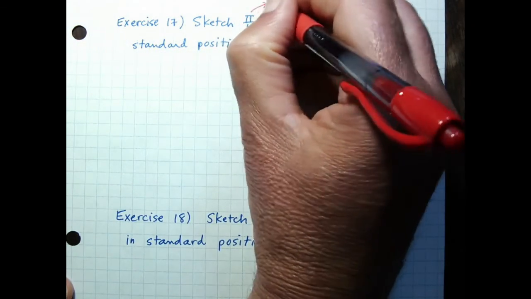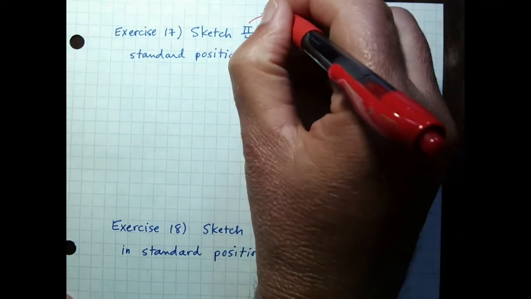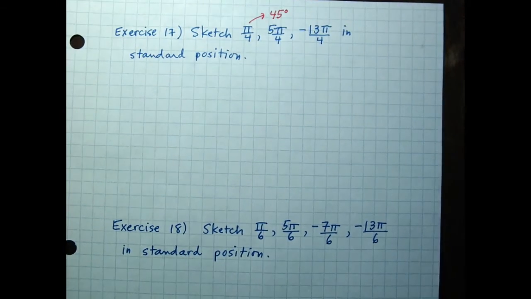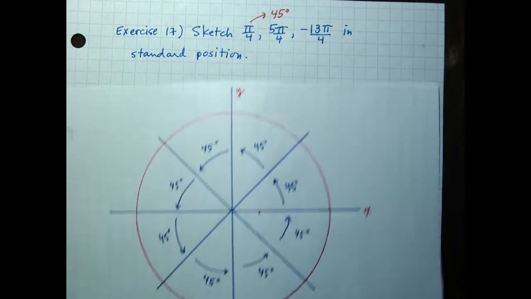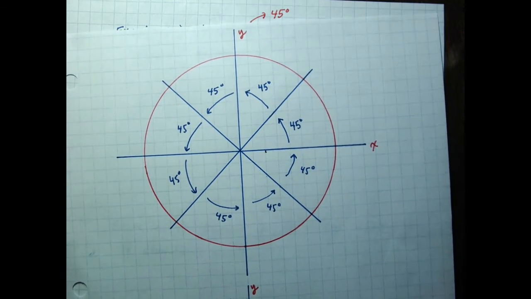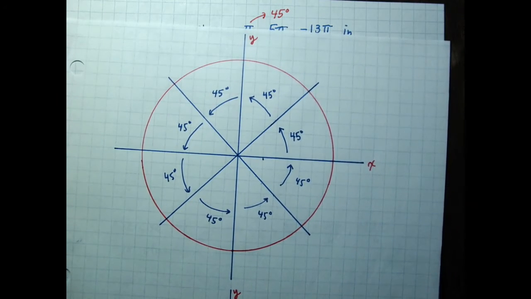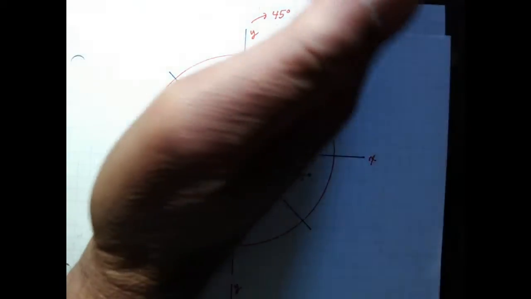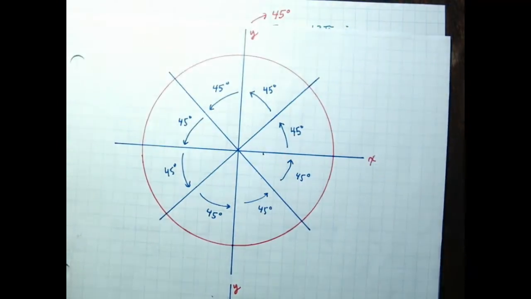And we already know that pi over 4 in degree measure is 45 degrees. So we already know that you can go around in multiples of 45 in this way. It's kind of like a pizza sliced into 4 equal pieces. Each quadrant has 2 copies of 45 in it, right?